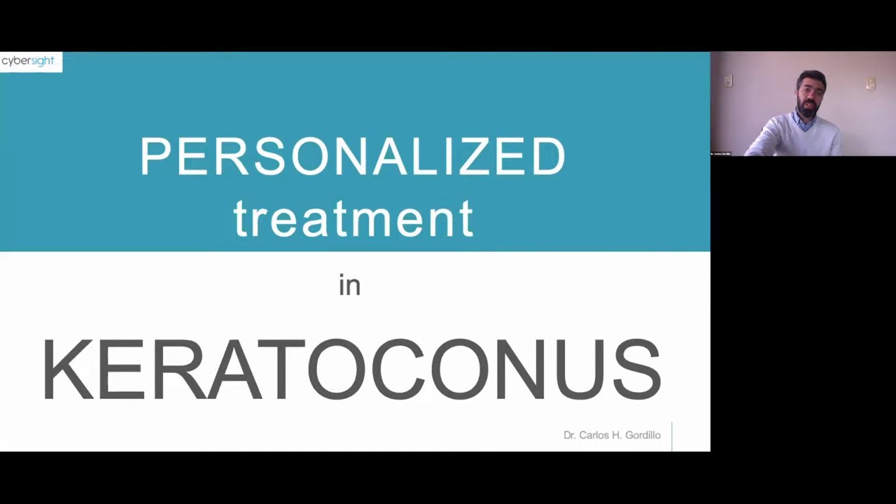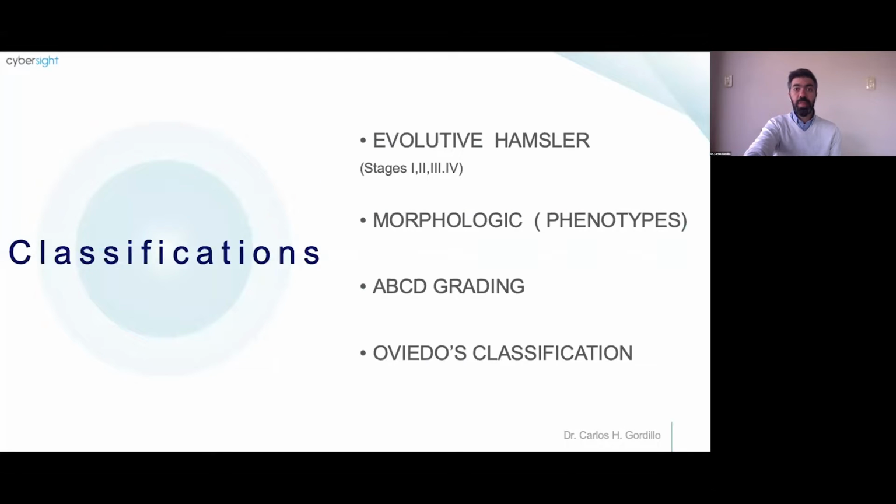It should be personalized because every case has to be studied as an individual case. But we need to know the classification to understand which is the best treatment for each patient. We have a lot of classifications, and right now they're still changing.